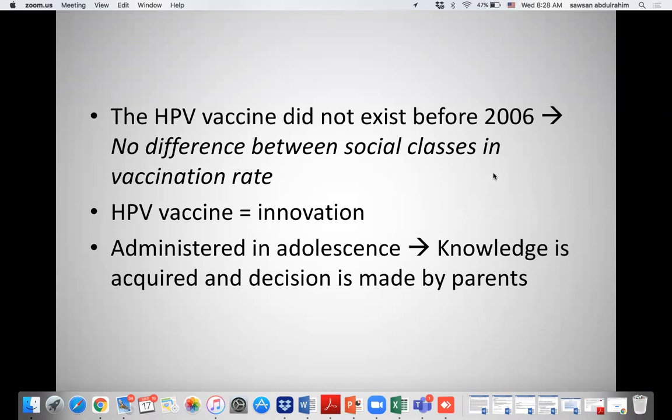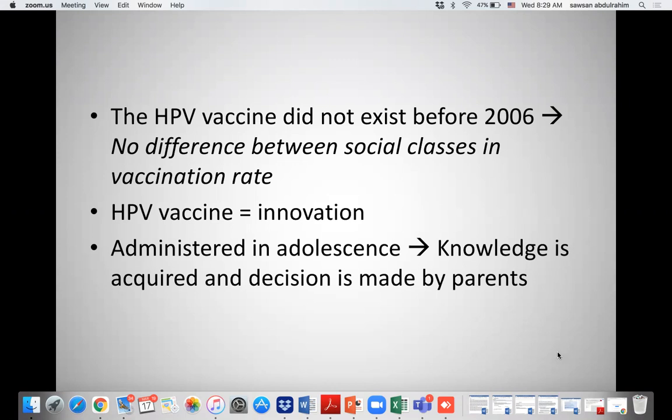So my understanding from research in the region is that there are some cultural issues, but that the cost of the vaccine is one of the main barriers to parents in the Arab region and in Lebanon administering the vaccine to their children.